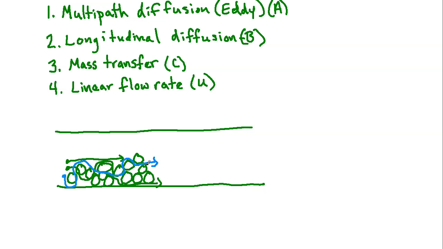Okay, now it's important to note that in theory, A could be reduced to 0 and could not contribute. But the theory behind that is that you would need a tubular column that really doesn't have any type of packing in it. And so that sort of defeats the purpose, because we pack our columns to give additional surface area and the chance to add these additional layers, right, or modifications on top for better separation.